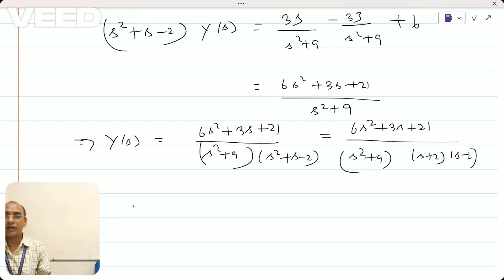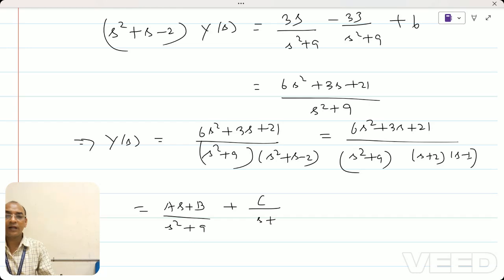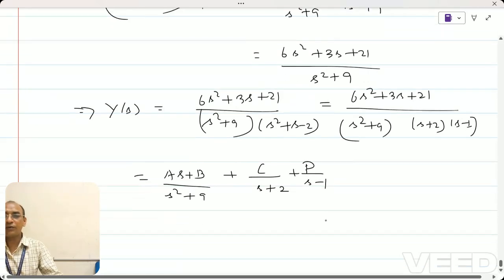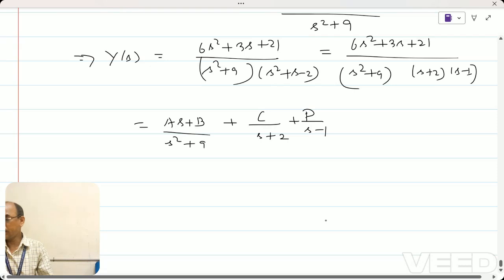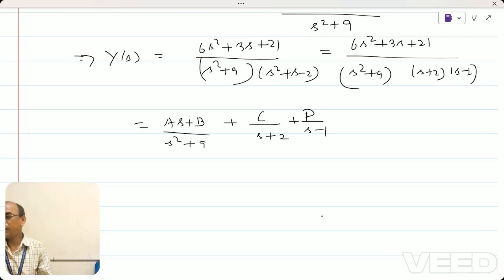Further you can write it in this form: (as + b)/(s² + 9) + c/(s + 2) + d/(s - 1). If you solve it, you will get the values of a, b, c, d.